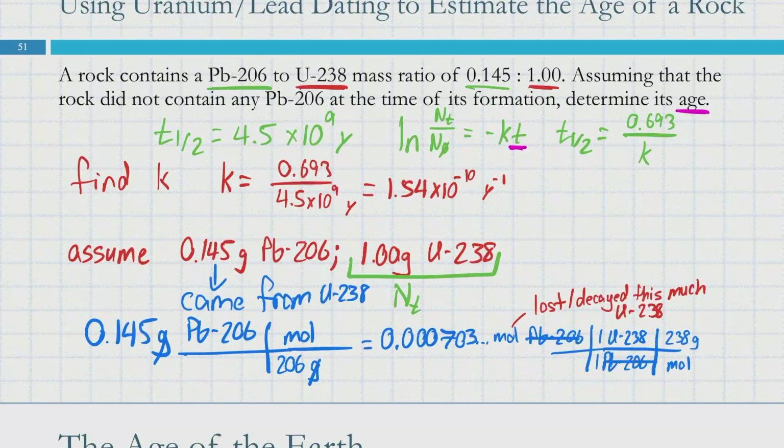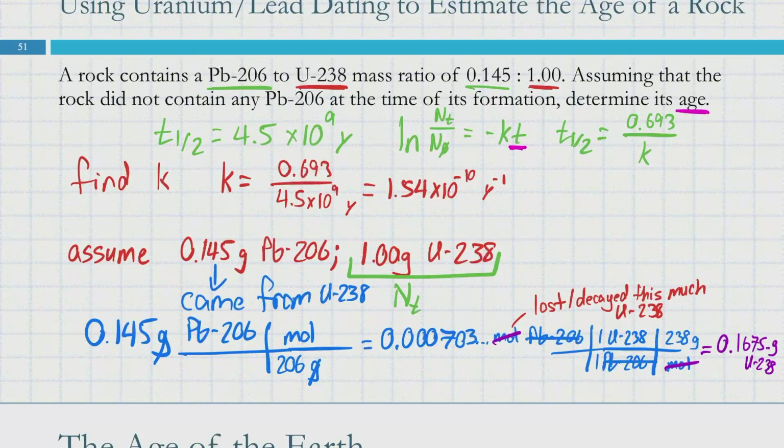And I'll cross this out in a different color. Purple shows up well enough. Okay, so that 0.000, however many zeros it is, 7 times 238, 0.1675 grams of uranium-238. So what's our initial amount of uranium-238?